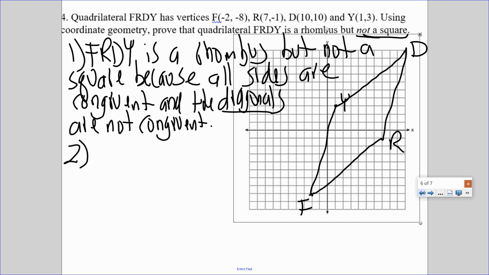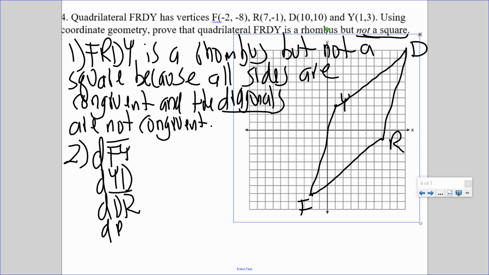Okay, now that you did it on your own, I will go over it with you. I'm going to calculate all the distances. I'm going to calculate FY, YD, DR, RF, and the diagonals, YR, FD.